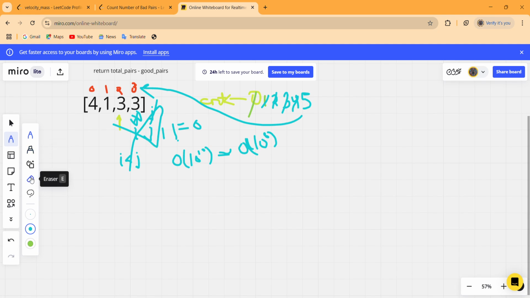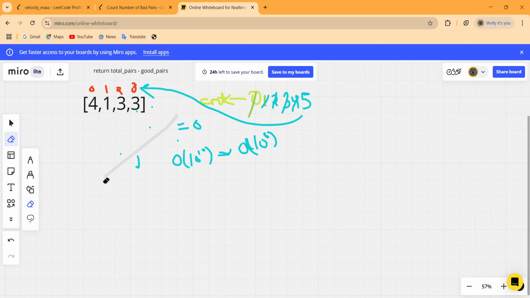So what could be the better solution for this?